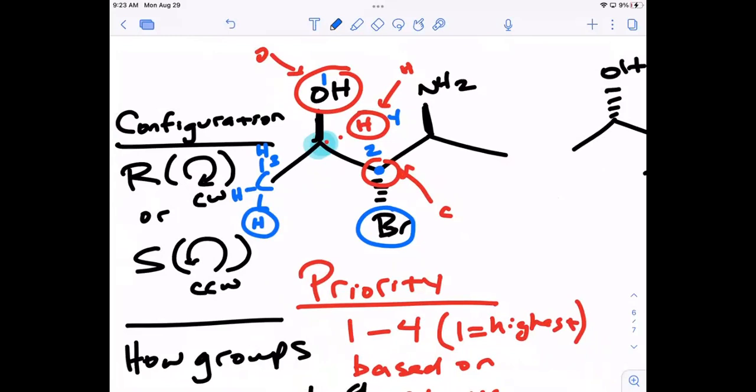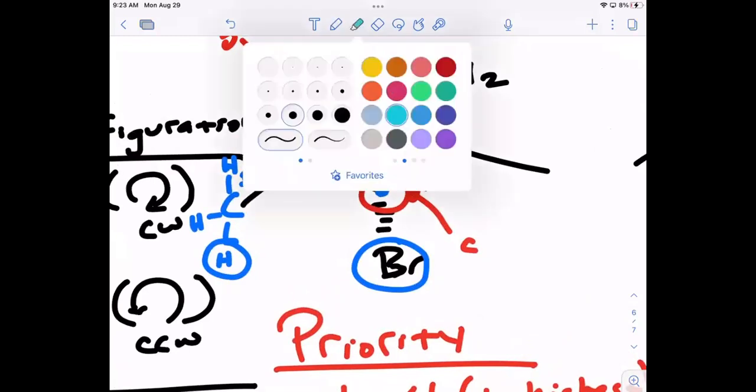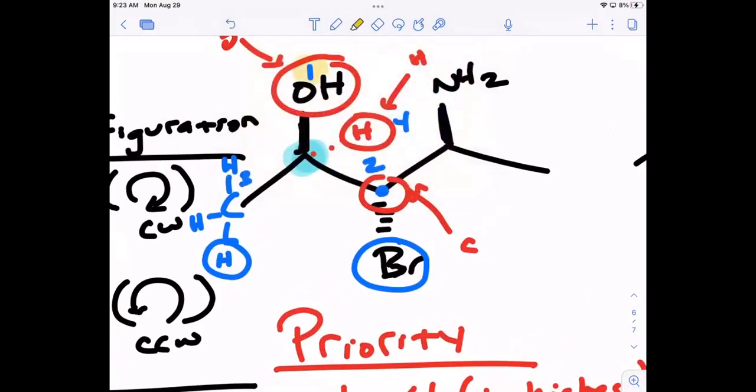Hopefully that's making more sense now. When I count to 3, am I counting in a clockwise or counterclockwise fashion? That's the question, and that's going to tell me if it's R or S. So here, what do you see? This is 1, this is 2, and that's 3. Is that clockwise or counterclockwise?